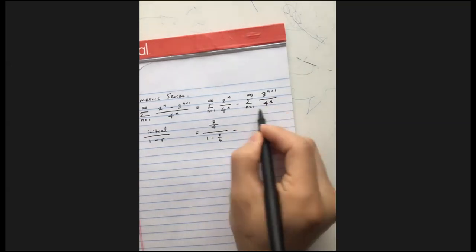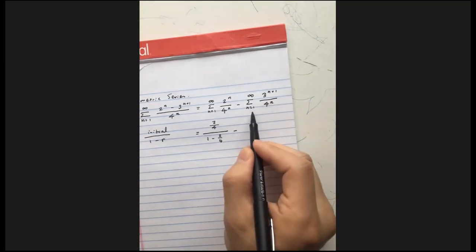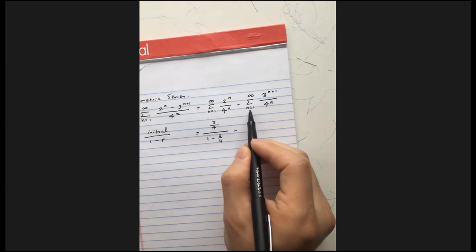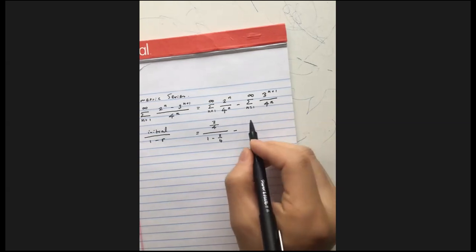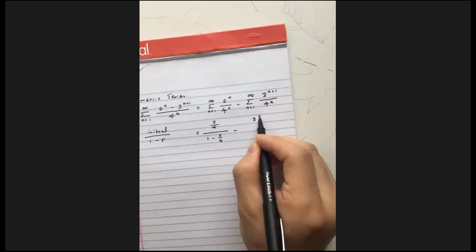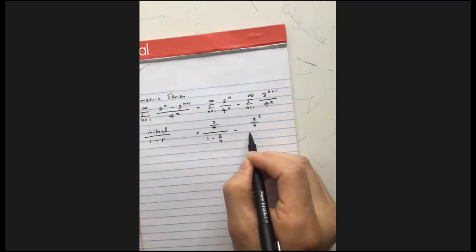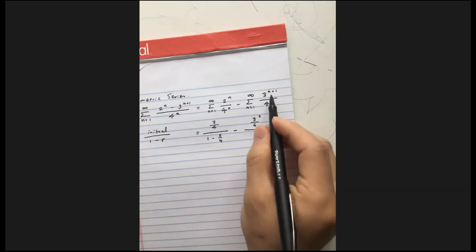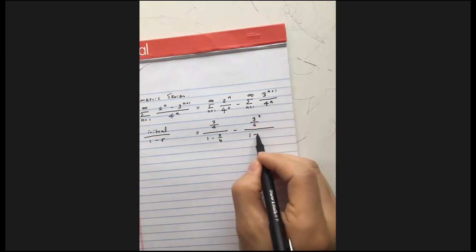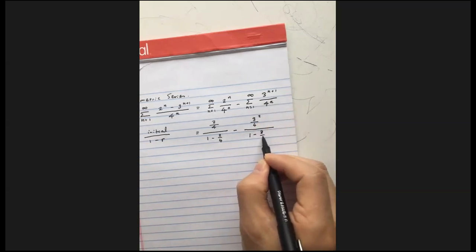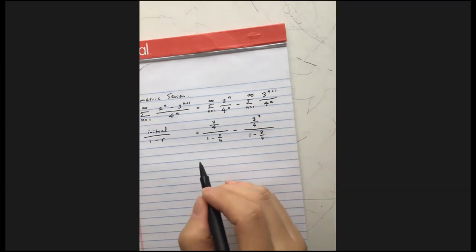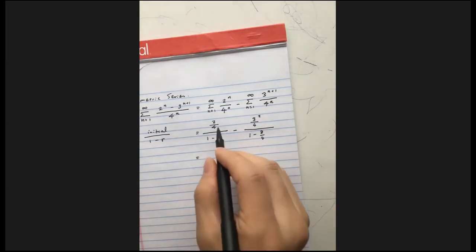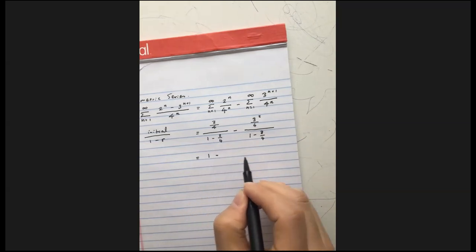For the second one, the very first term at n equals 1 is 3 squared over 4, which is the initial term of the geometric series, and my ratio R here is just 3/4. So everything can then be reduced into, I guess, 1 minus.